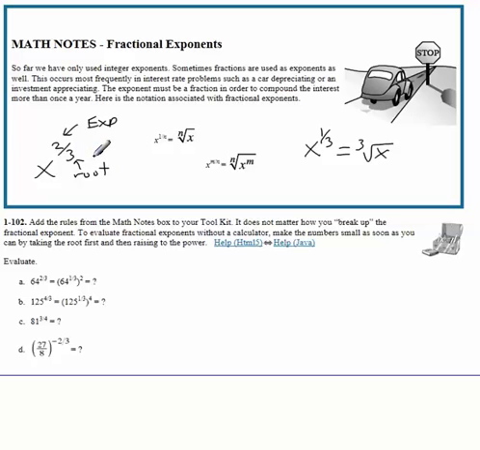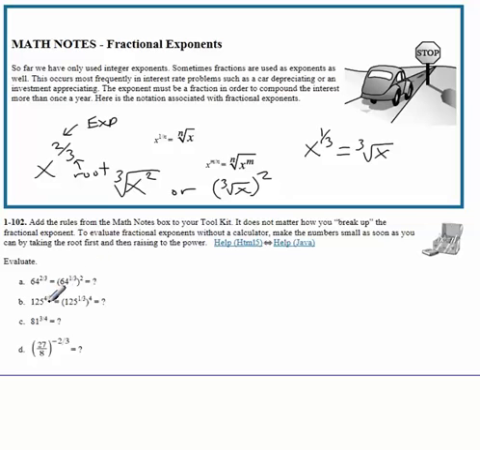So this can be rewritten as x to the 2nd power cube rooted, or the cube root of x squared. All right, so let's take a look and apply that here.